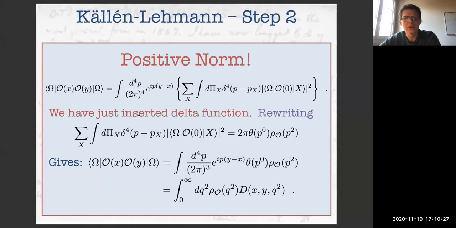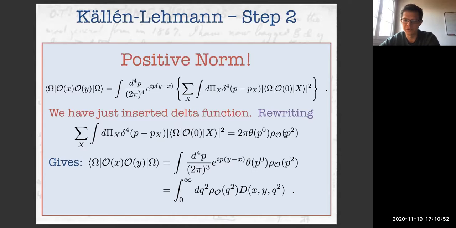And also, because the Hamiltonian is bounded, it has some lowest energy eigenstate. Otherwise you wouldn't have a stable vacuum. You can write this term in terms of this other term as being 0 until p0 becomes positive, so the energy is positive, multiplied by some positive function of p squared.